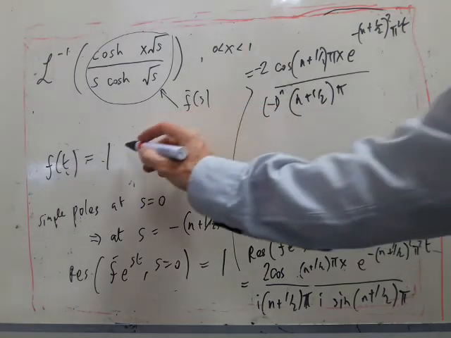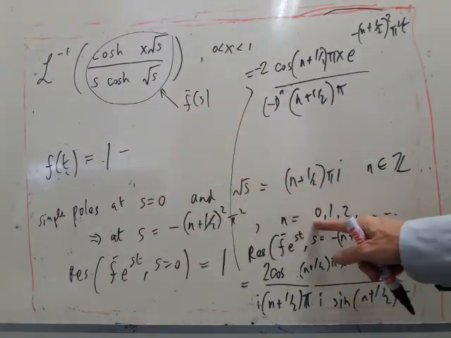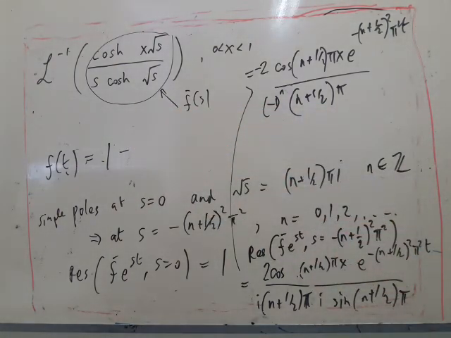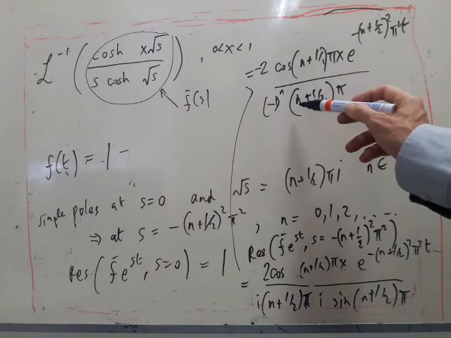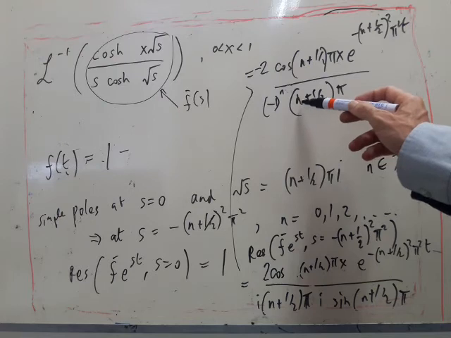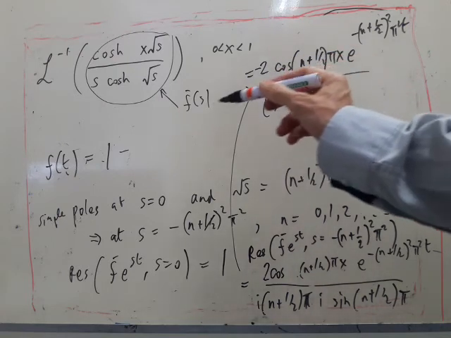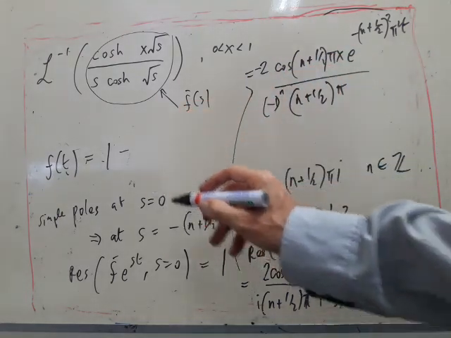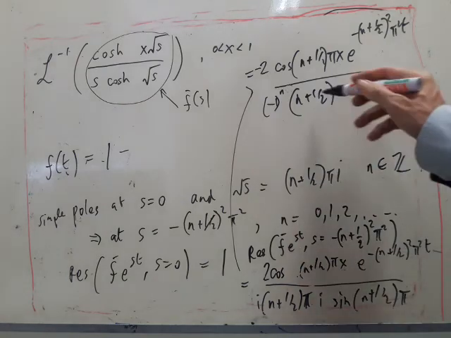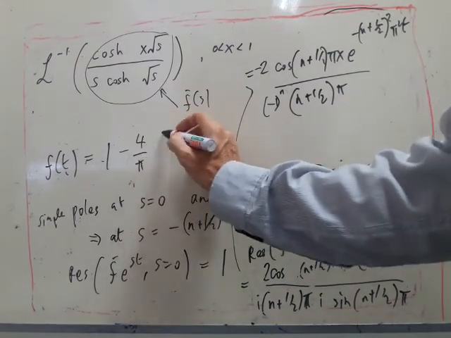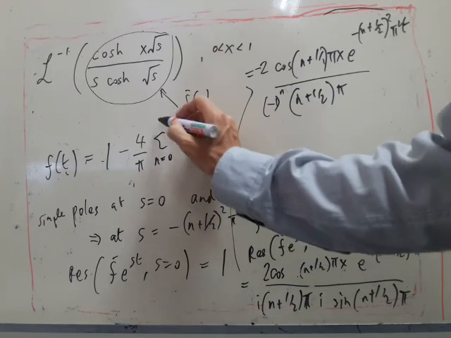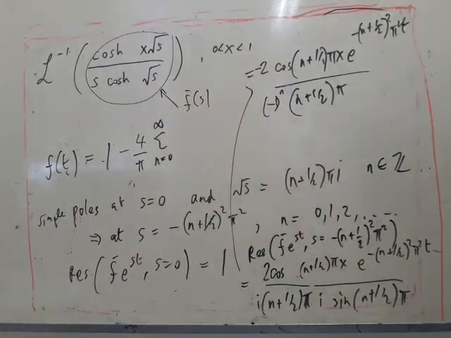So then we have an infinite sum, and remember that n is from 0 to infinity. So just to make it look a bit nicer, I'll multiply top and bottom by 2, so I've got 2n plus 1 in the bottom. That gives me a factor of 4. I've got this factor of pi. Oh, sorry, no, there's a pi. So 4 over pi, the sum from n equals 0 to infinity.